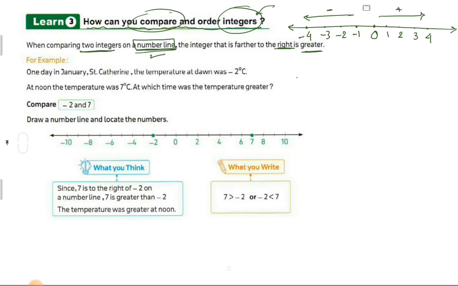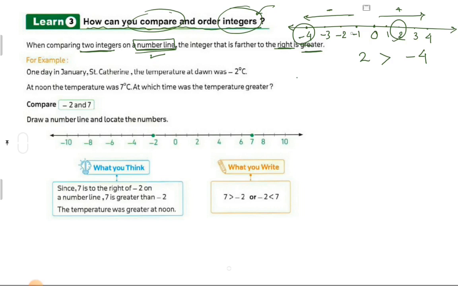So, if we compare 2 and negative 4, look, 2 is to the right of negative 4, right? So 2 is greater than negative 4.